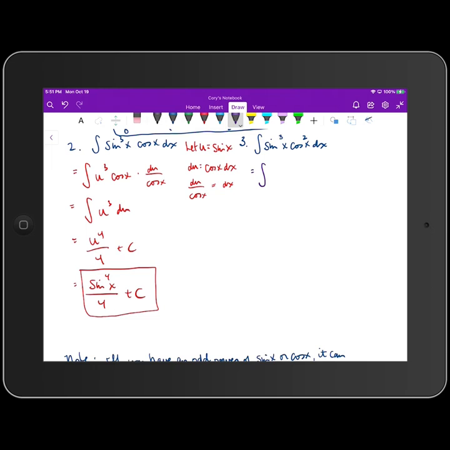Okay, so what we can do is break sine cubed up into the sine of x times the sine squared of x times cosine squared of x.